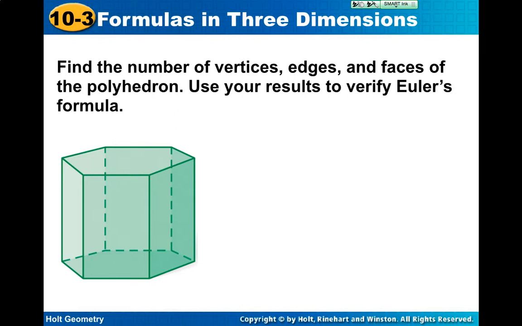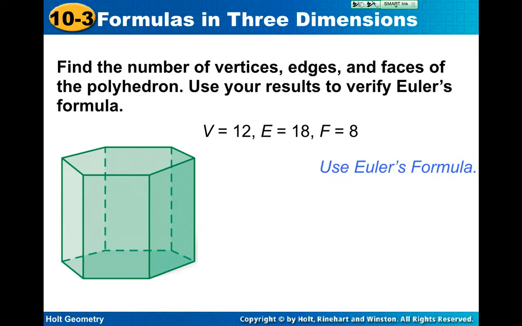So this is the one that Megan McKenna counted up. So she's got 6 vertices, 12 edges, 8 faces. Now when it says verify Euler's formula, what I want to see on your assignment is that you are telling me which version of Euler's formula you're using.